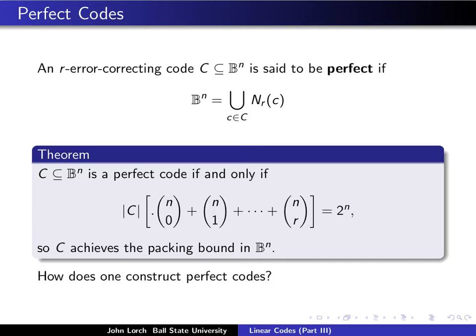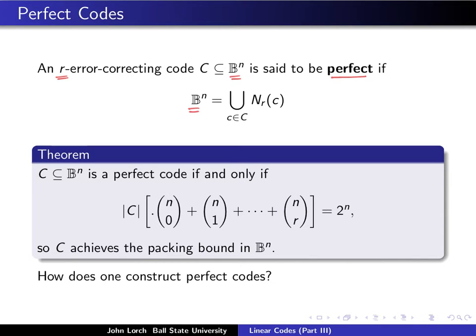So we say that an r error correcting code sitting within strings of length n is perfect if the entire collection of strings of length n can be expressed as a union of these neighborhoods of radius r centered at the code words.